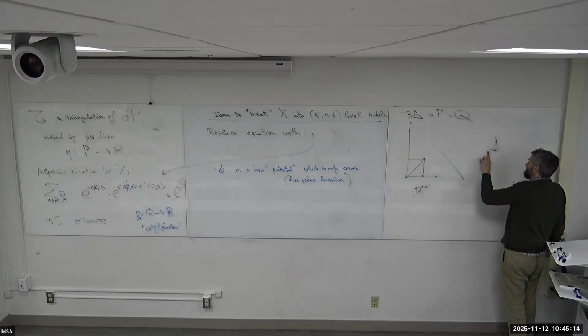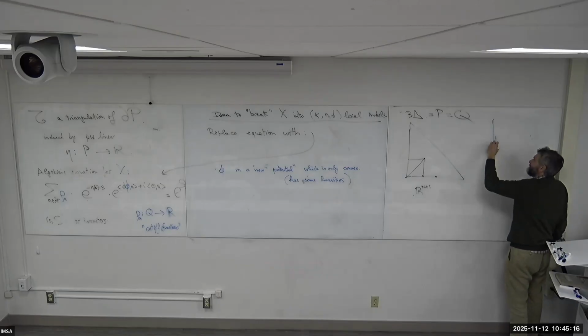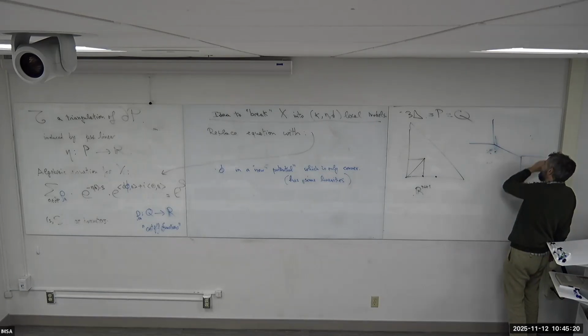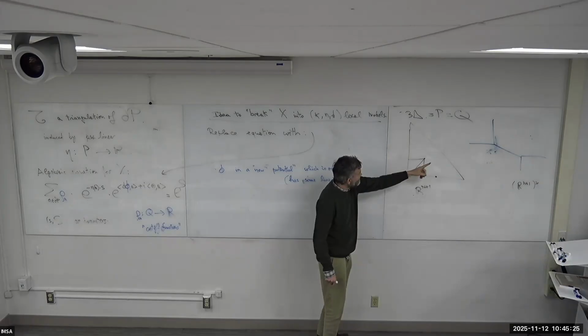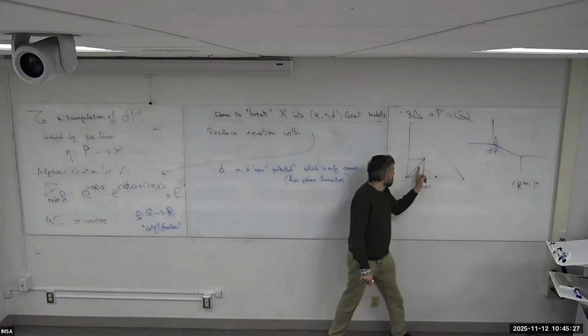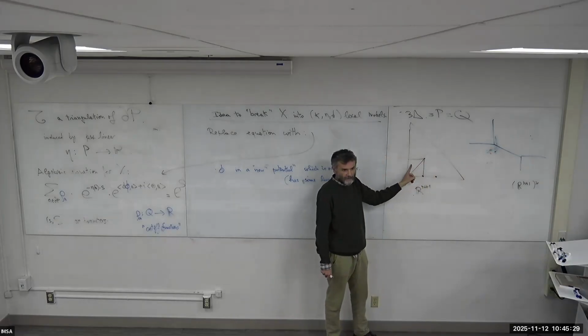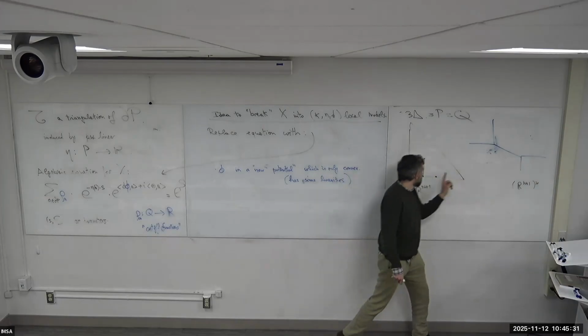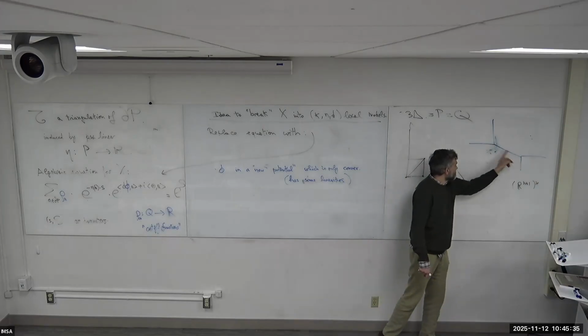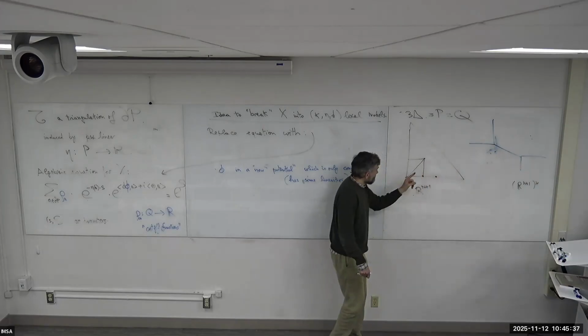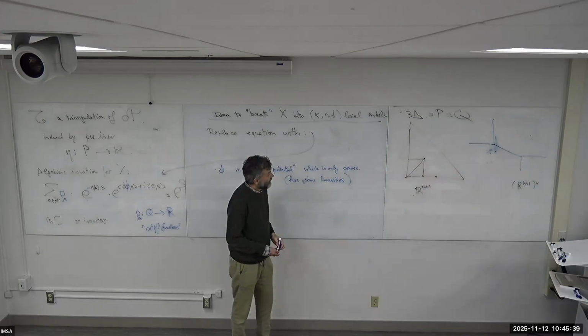Let me draw it big. That's the piece corresponding to this. This point here is the gradient of eta along this triangle. This point here is the gradient of eta on this triangle, and it's joined by the dual to this edge. So that's the tropical curve on the dual.